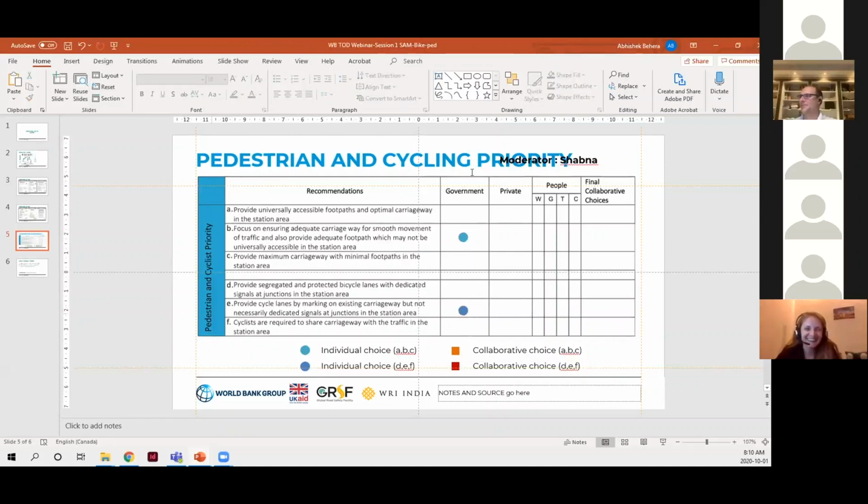Okay, who is the private developer on the group? That was Dhaval, I guess. Hi, Dhaval, if you can help us out. Dhaval, if you're speaking, you're on mute.